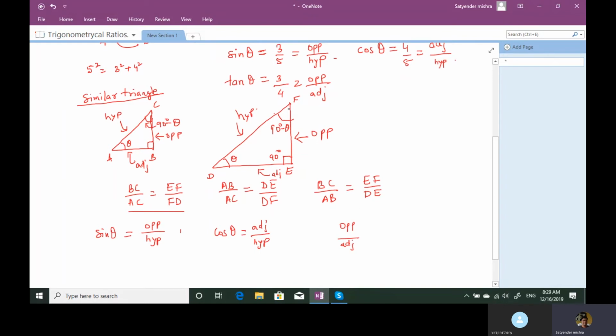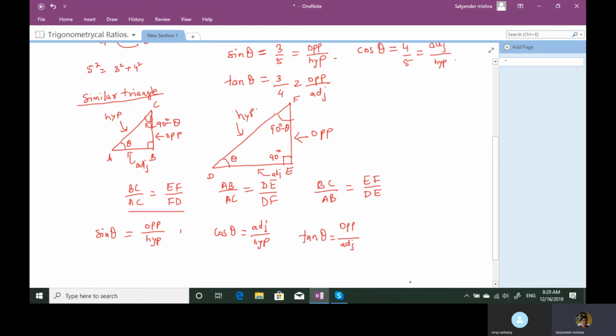EF is this line, and DE is this line. So this ratio represents tan theta, right? So this is how we can explain the ratios. And these ratios will be same for any size of triangle. It won't matter. Understood?